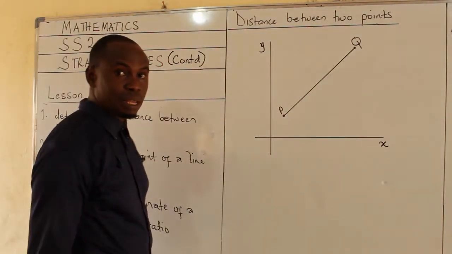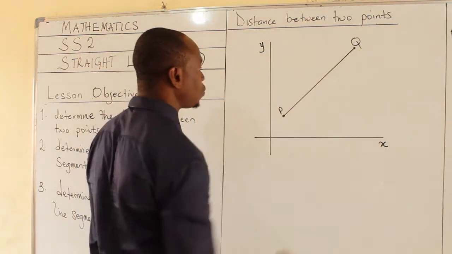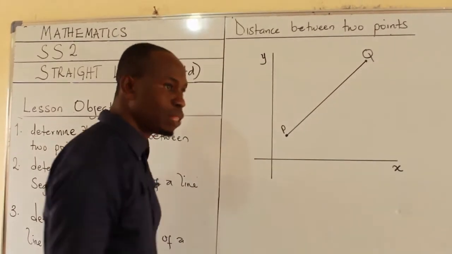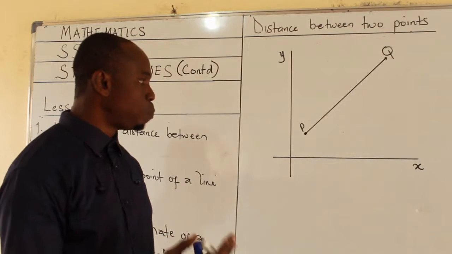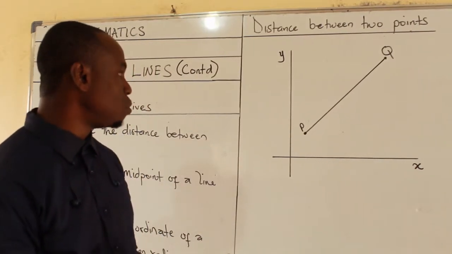We are interested in knowing the length of P and Q, or the distance between P and Q. Some textbooks usually write it as distance between P and Q. Some write it as length of PQ.